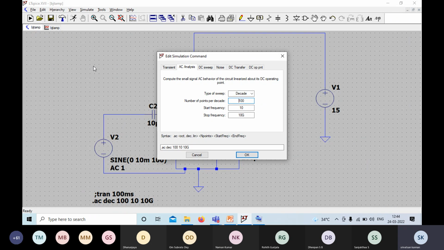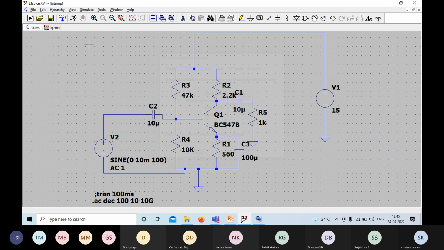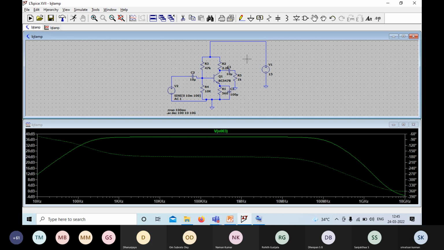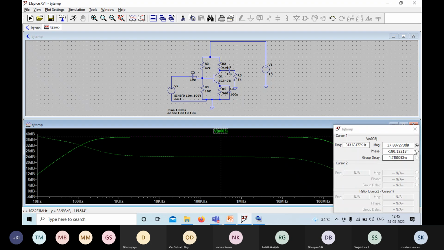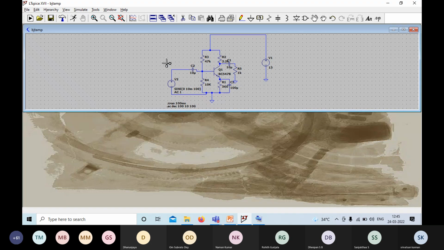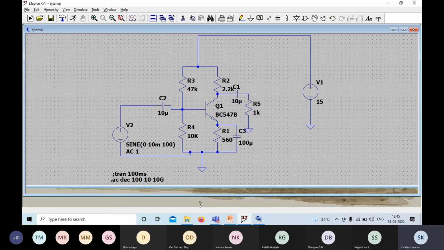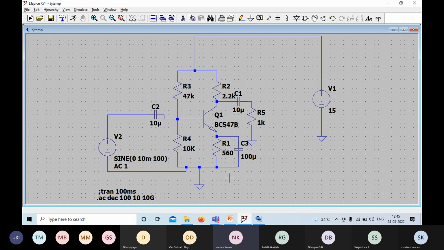Start frequency is 10. Stop frequency is 10 gigahertz. And close it. Then again run. Yes, sir, it is running now. Got the correct waveform? Yes, sir.